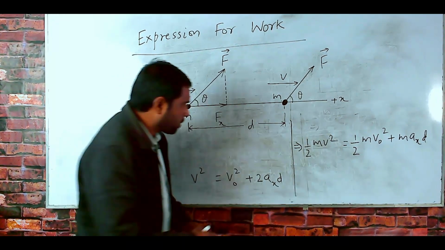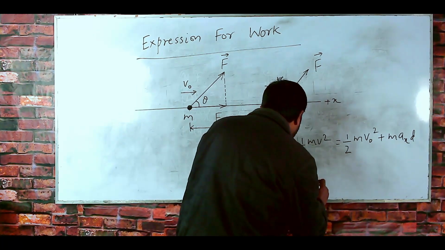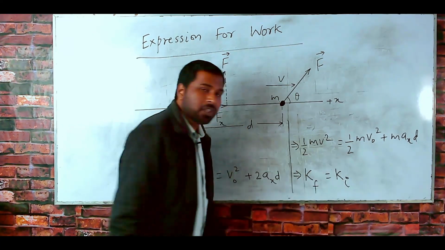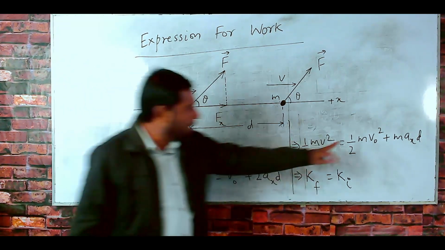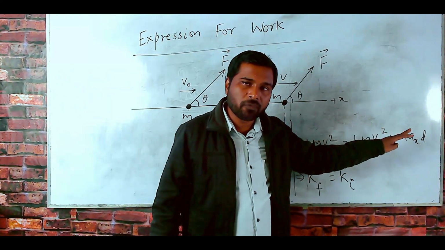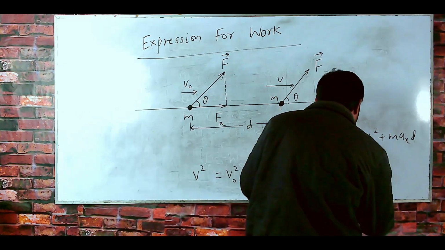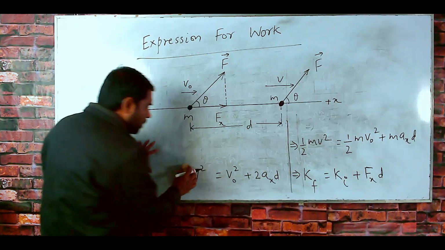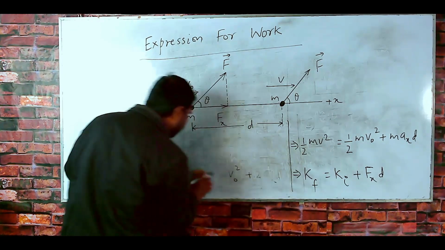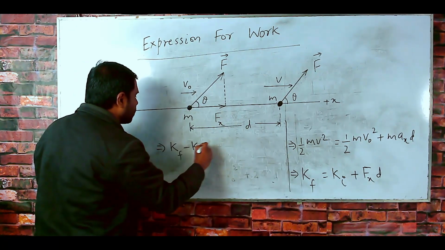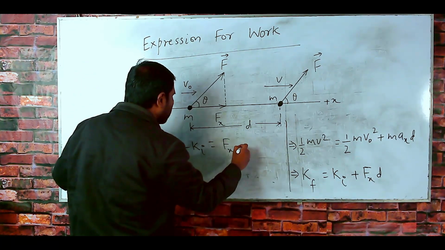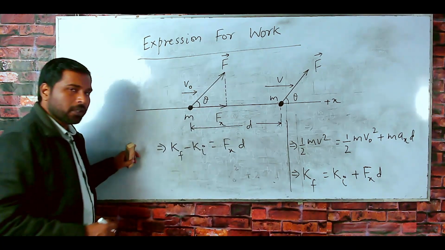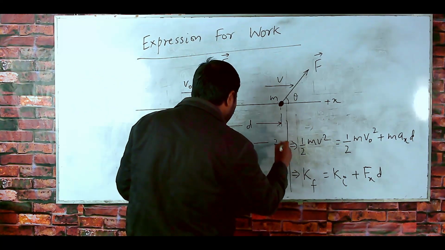So we can write this as K final minus K initial, and this m ax, from equation 1, we can write to be Fx into d. Let us bring K initial to the left side. Kf minus Ki equal to Fx into d. Suppose this is equation 2.